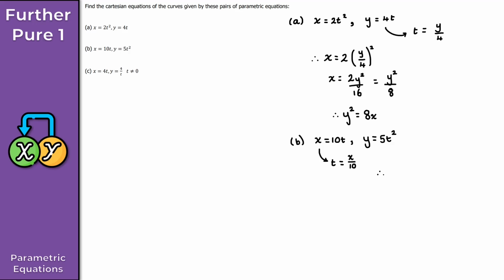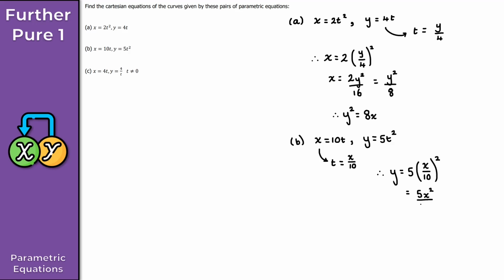So what I get for y is 5 lots of x over 10 squared. In this case I'd get x squared over 100, times through by 5, and I get 5x squared over 100.